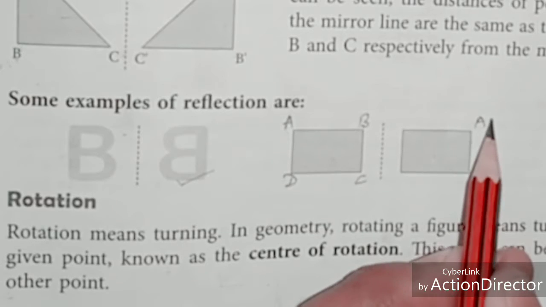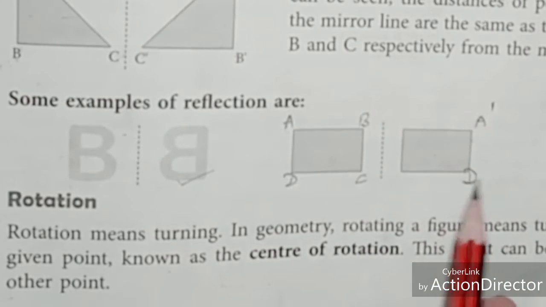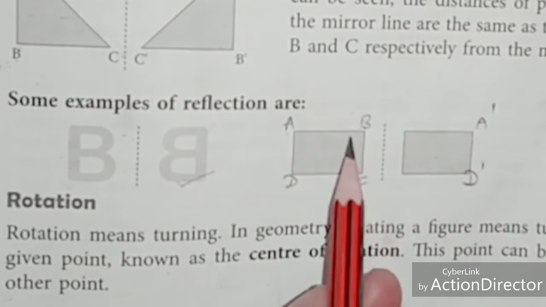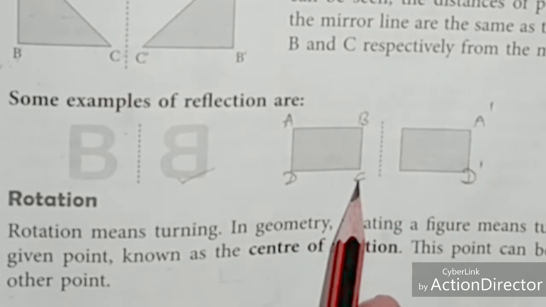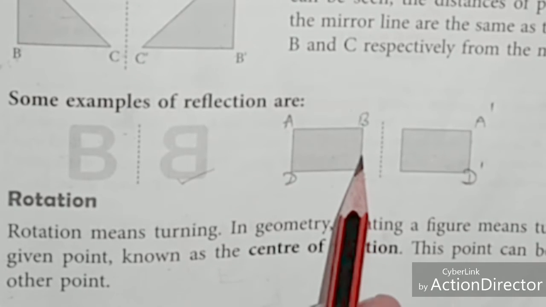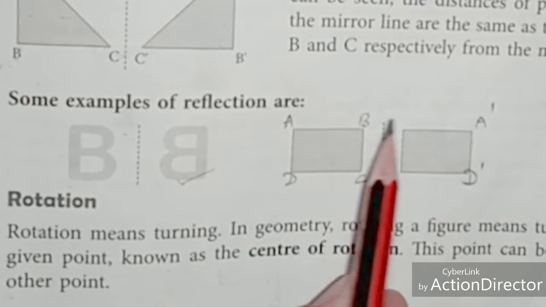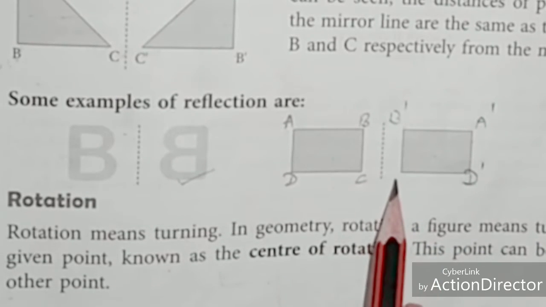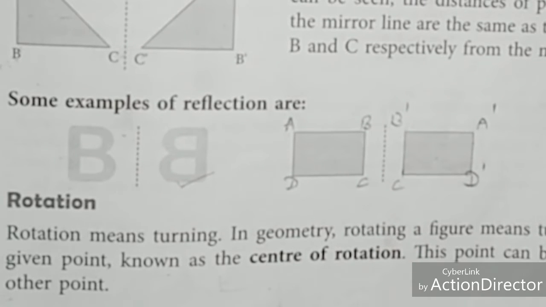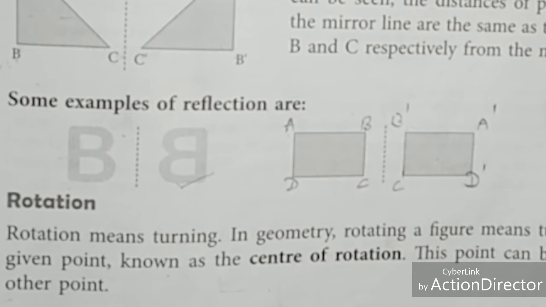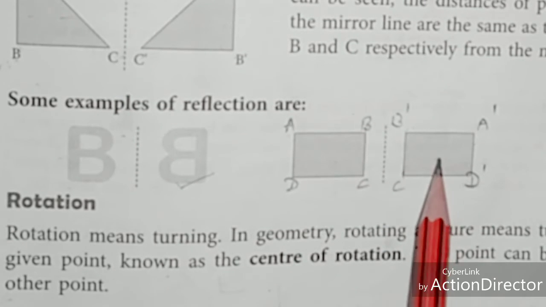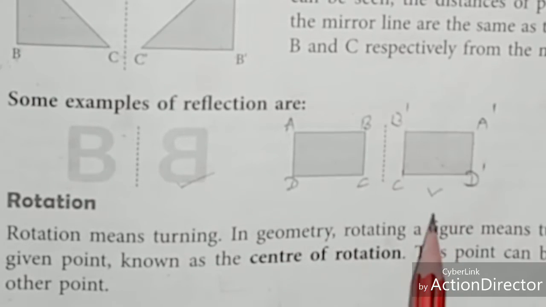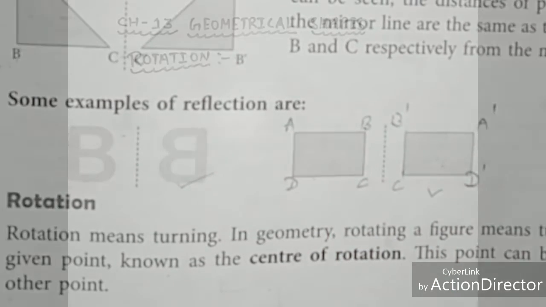So here we write A dash and D dash, and B and C shift right to left hand side. So here we write B dash and C dash. So this image is the reverse image of this rectangle.